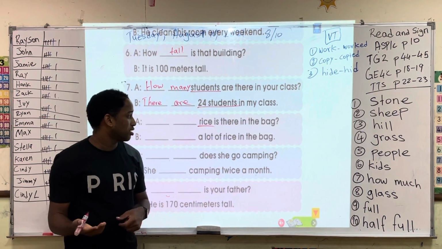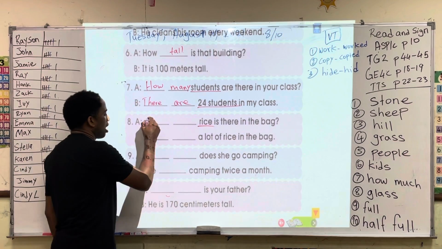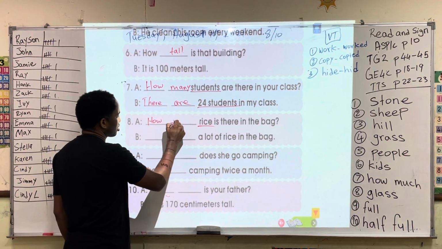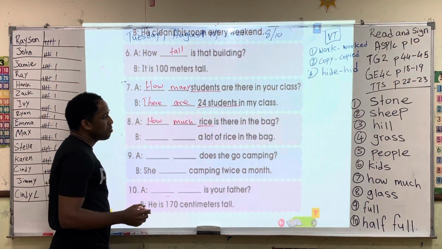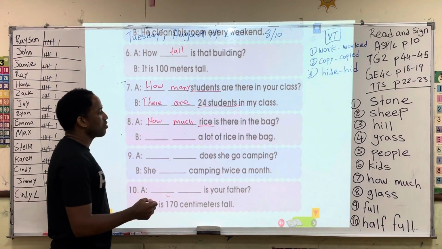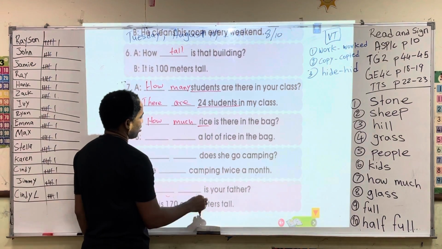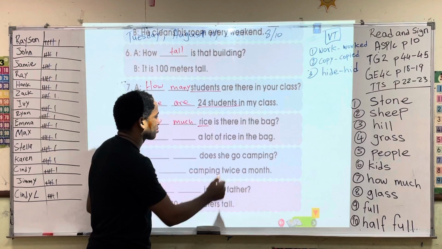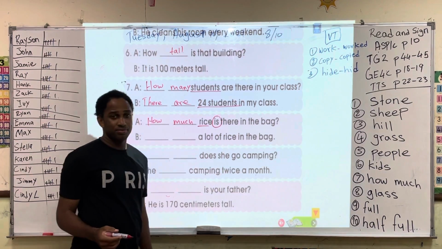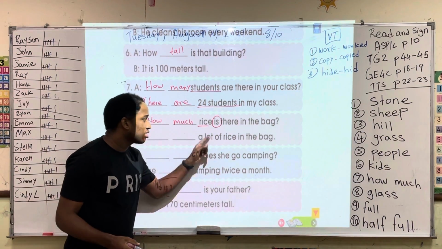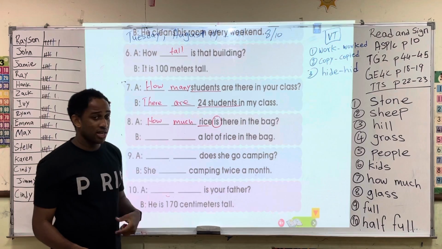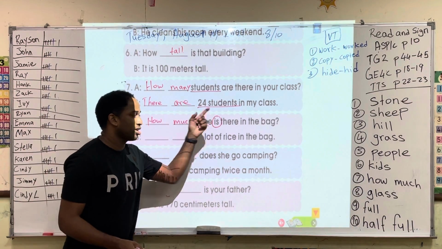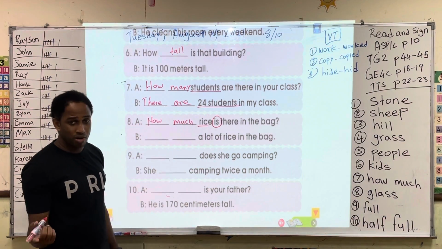It's uncountable. So you can say how much. How much rice is there in the bag? How much water is there in the glass? How much milk is there in the box?